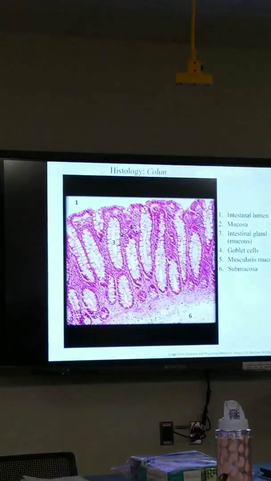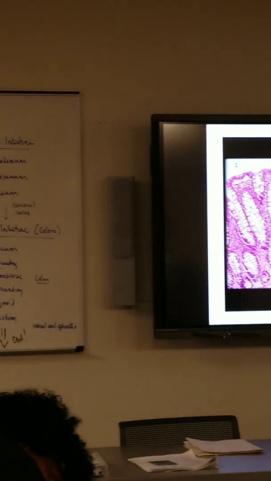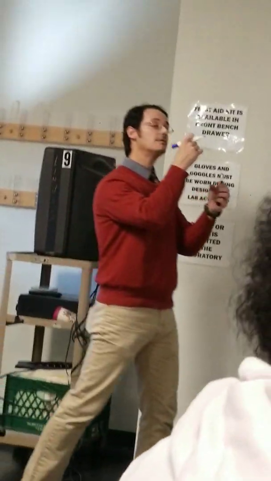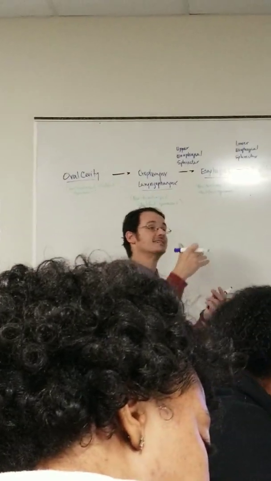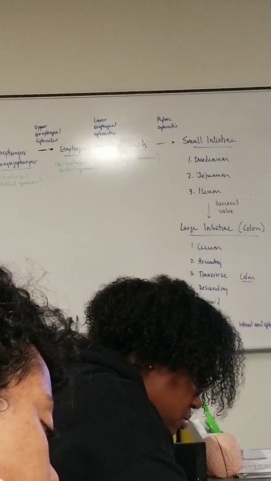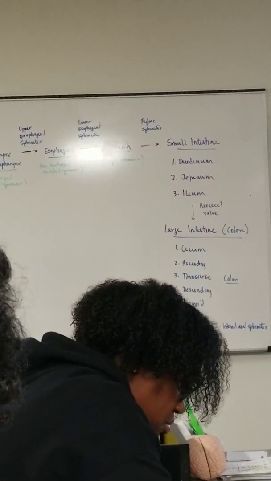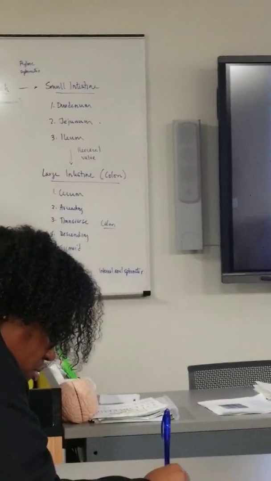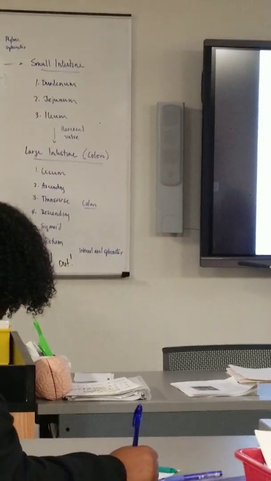As the rectum becomes distended and triggers a defecation reflex, among other things, the internal anal sphincter relaxes. That allows the fecal material to move down into what we call the anal canal.